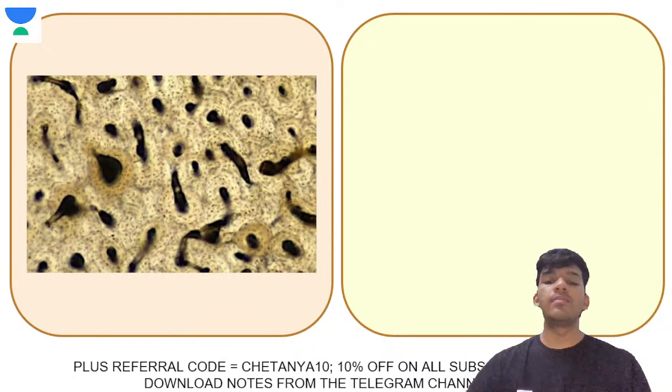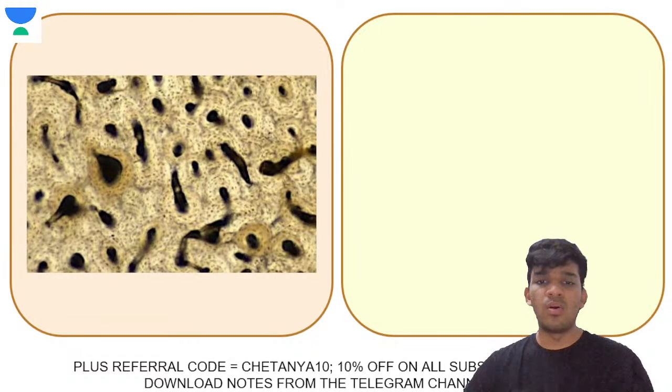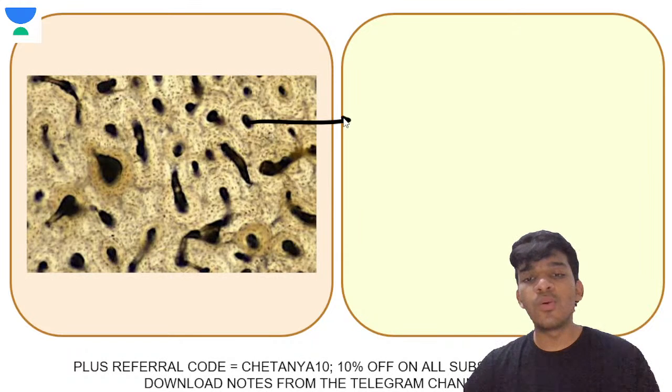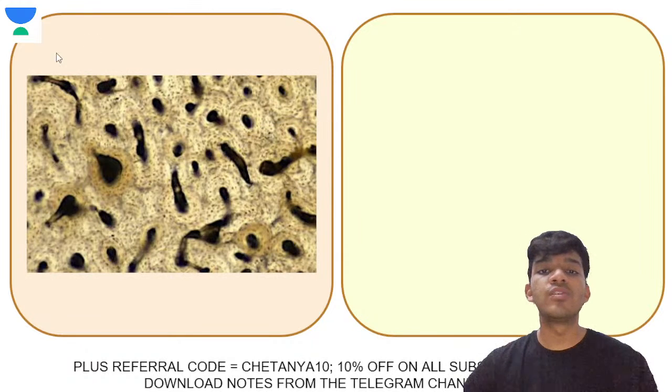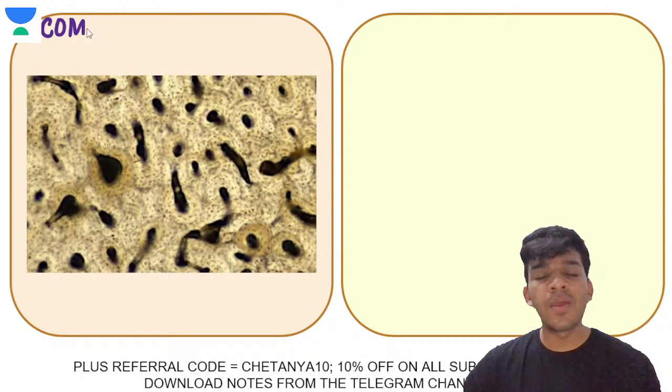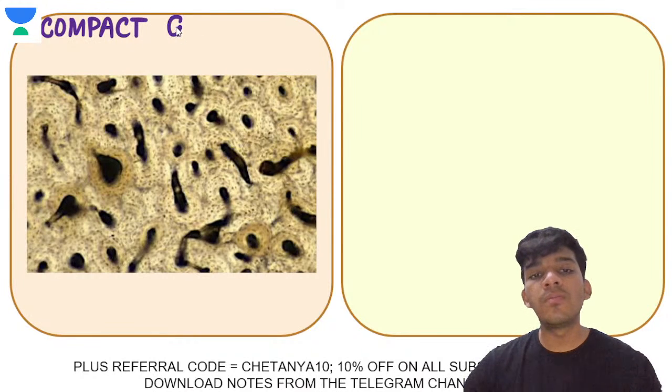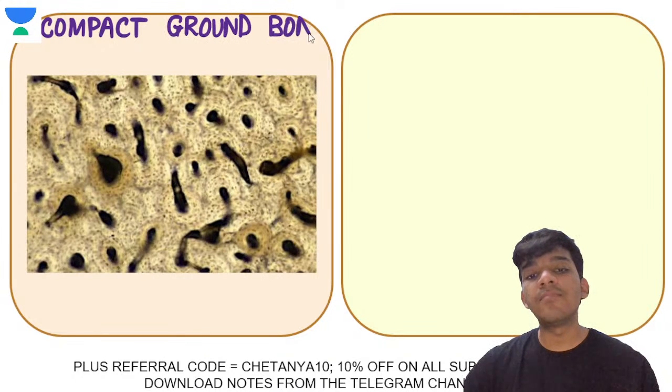So let's look at this one. This is again compact bone. Now you can make out a Haversian canal, you can make out a Volkmann's canal. That's the first activity I want you guys to do. First of all, write it here. This is a compact ground bone in TS, right?